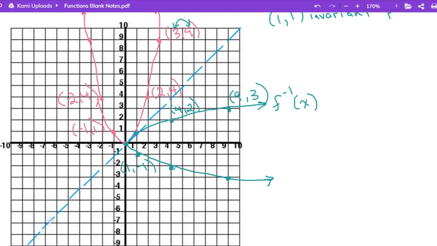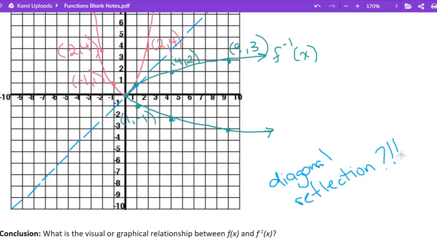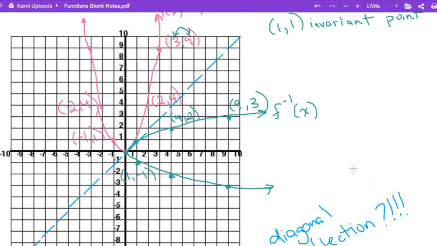What would you call this? Yeah, it's like a diagonal reflection. Like a diagonal reflection on a Friday, Miss Sly? You gotta be kidding me. That's right. Yes, but we don't actually call it a diagonal reflection.